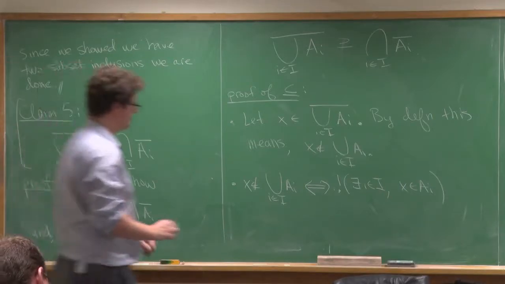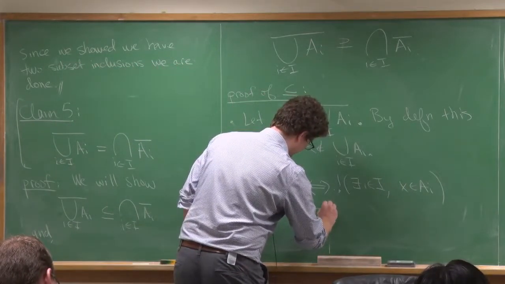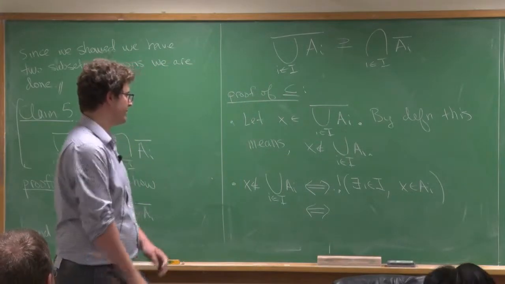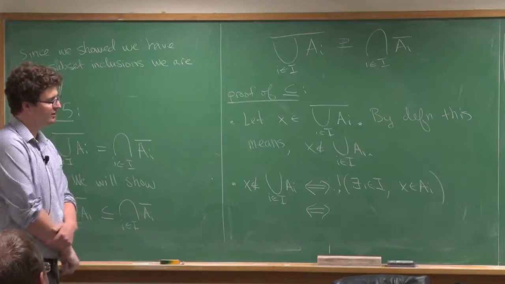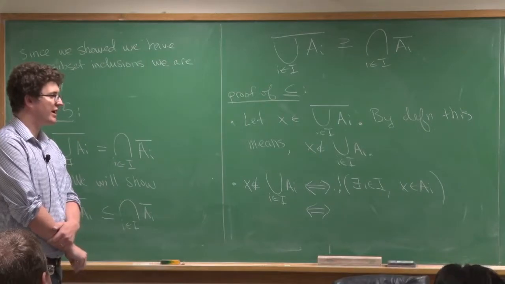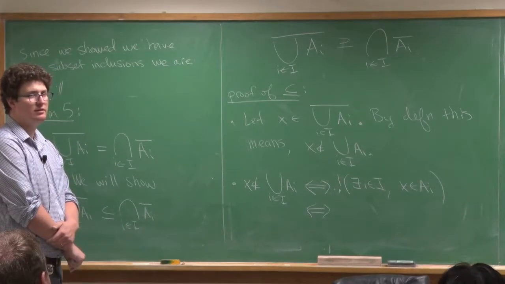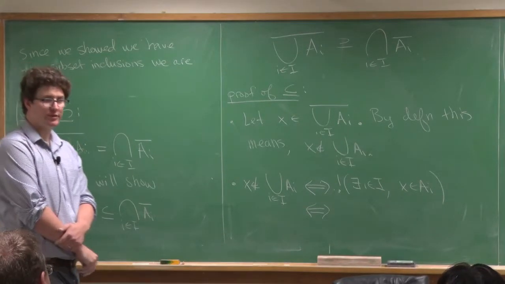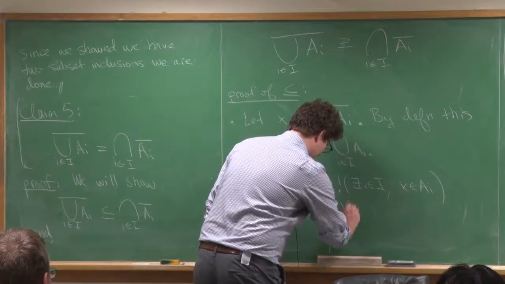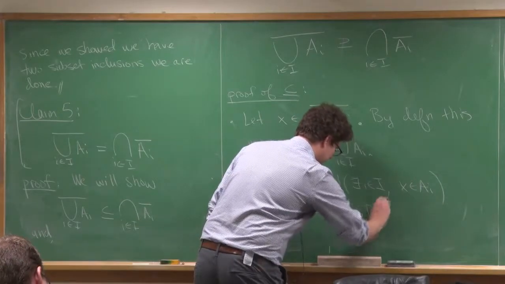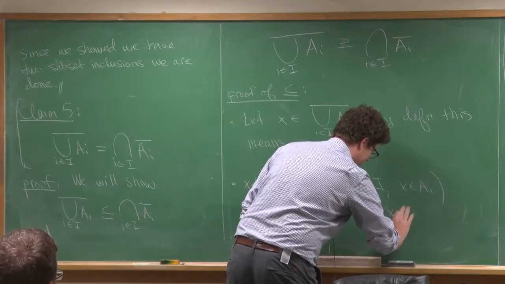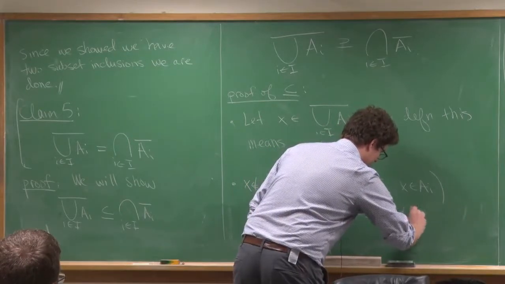All right. So this is logically equivalent to, what do I do now, guys? Distribute the not. Yeah, distribute the not. And how do I do that? Reverse the quantifier and then negate this, right? For all i in I, x is not an element of A_i.